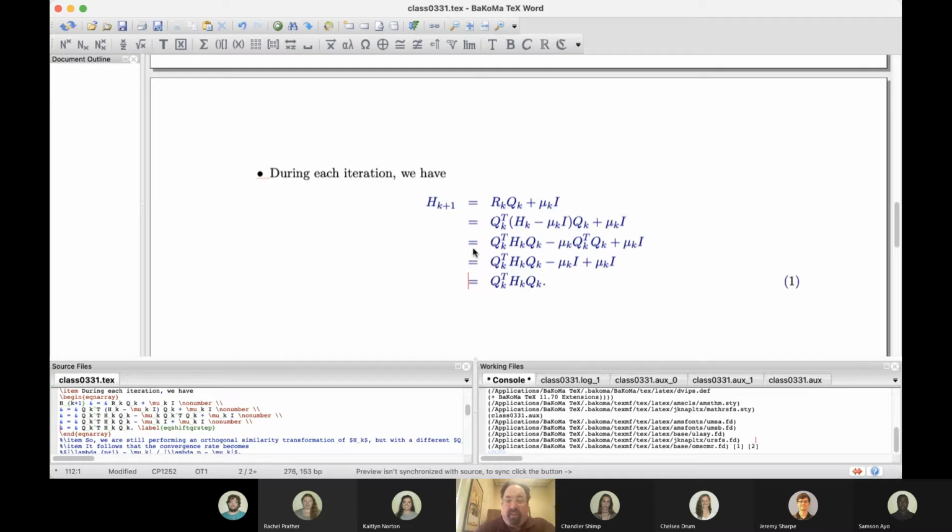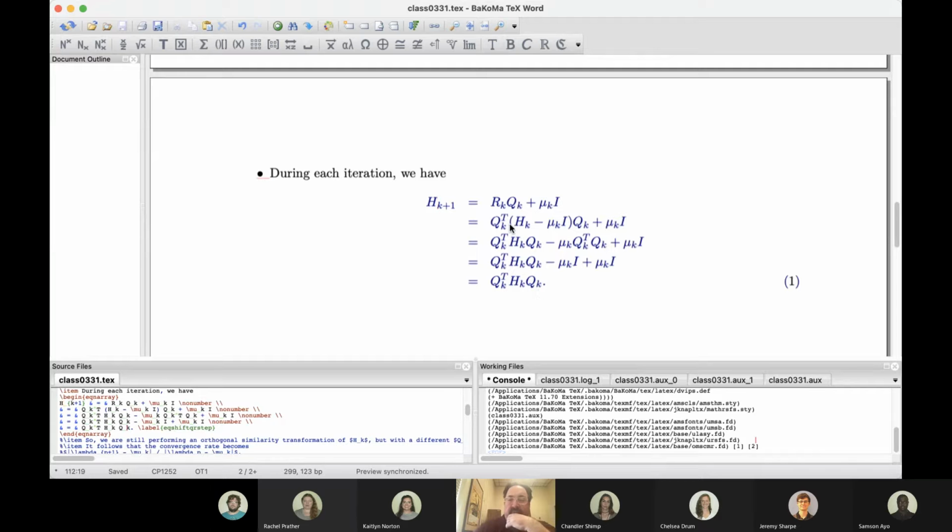So each new Hessenberg matrix is a similarity transformation of the previous one. This proves that the eigenvalues are preserved from one iteration to the next. And this is exactly what we had before in the QR iteration before we started shifting. All I'm proving is that when we do shift, as long as we add the shift back, it's still a similarity transformation of the previous one.